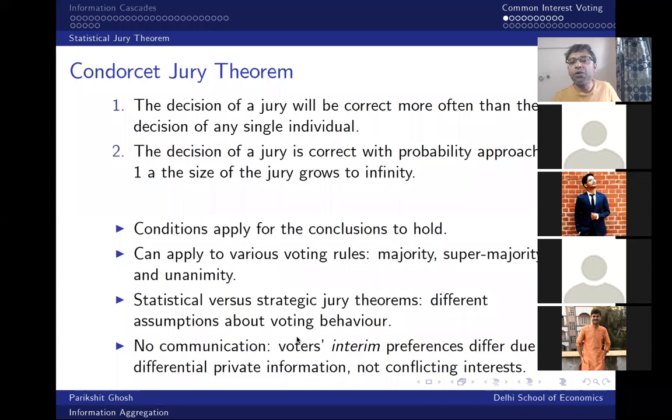Can somebody recall what that model was? Which model am I talking about? You haven't studied any game which is trying to model elections.